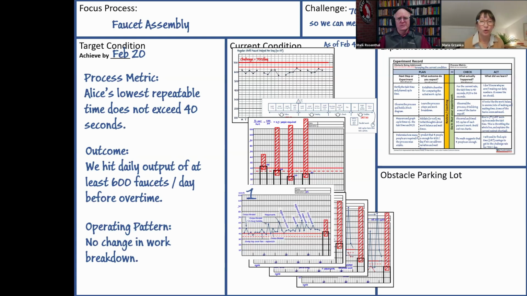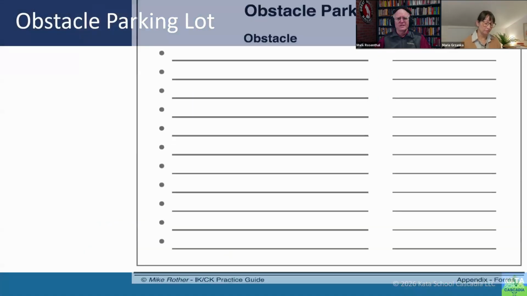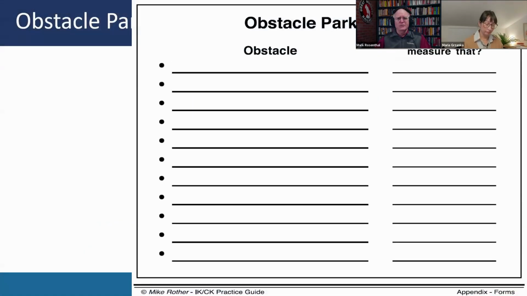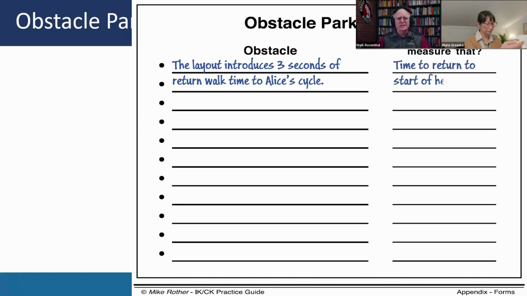So what obstacles do you think might be in the way of reaching this target condition? I know there's a lot of walking, especially when she walks back, and I know that adds about 3 seconds. So right there, that's certainly an obstacle I need to work on.